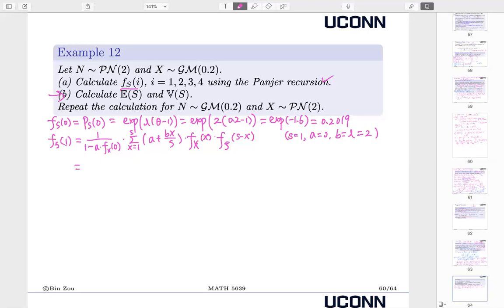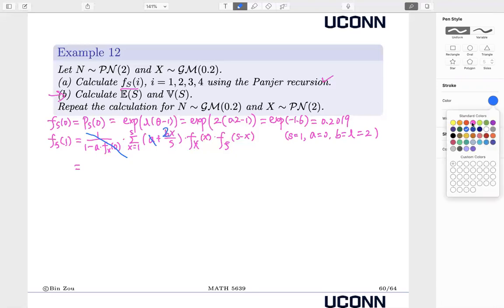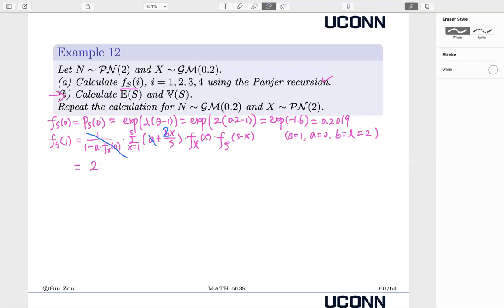Because a is 0, the first term is basically gone, so I can cross this out. b is 2, so this is 2. In this particular application, we are looking at the value at 1, so this is the summation from 1 to 1. So I have 2x, where x is 1, so I have 2. That's everything I have.